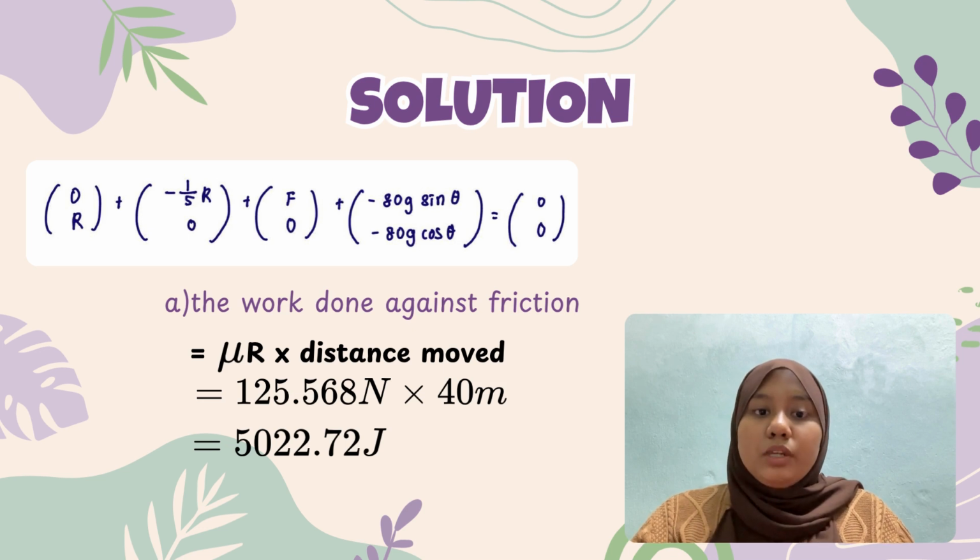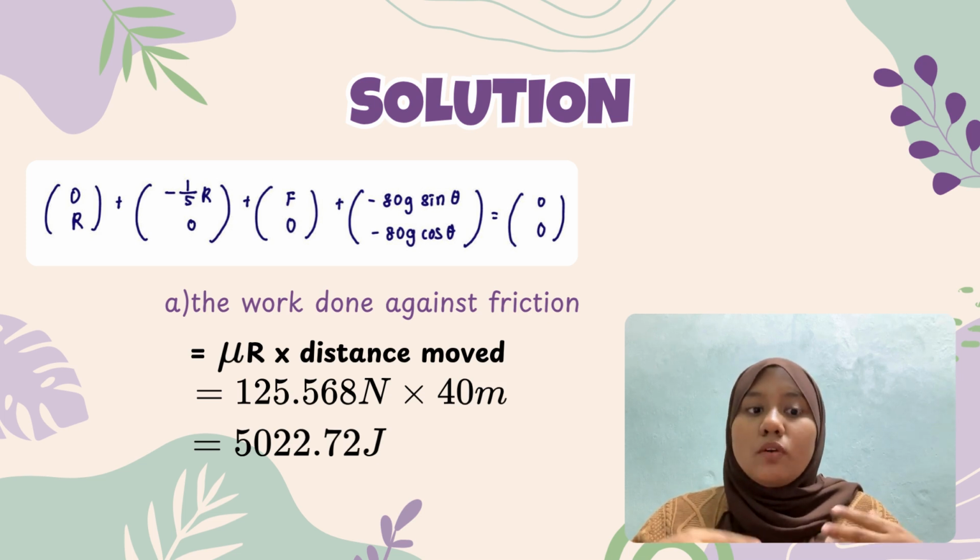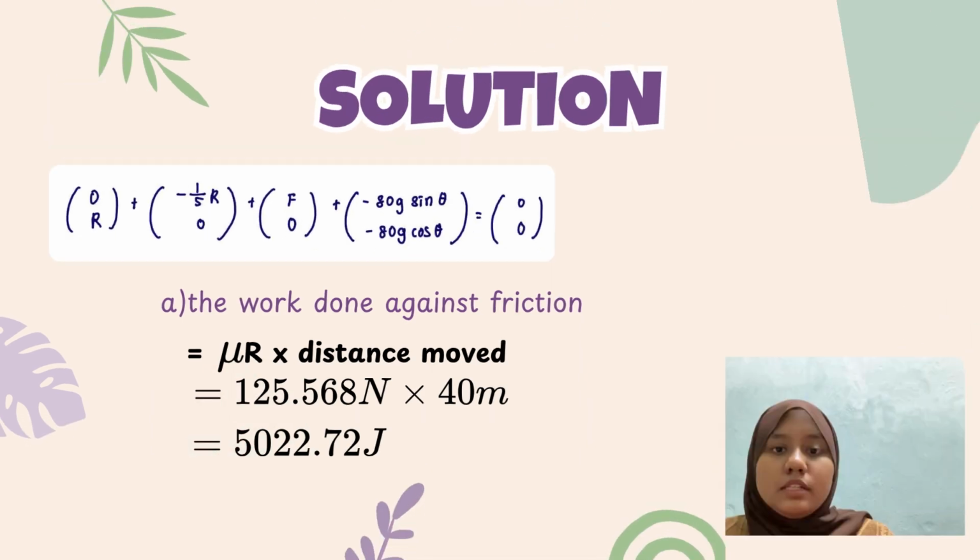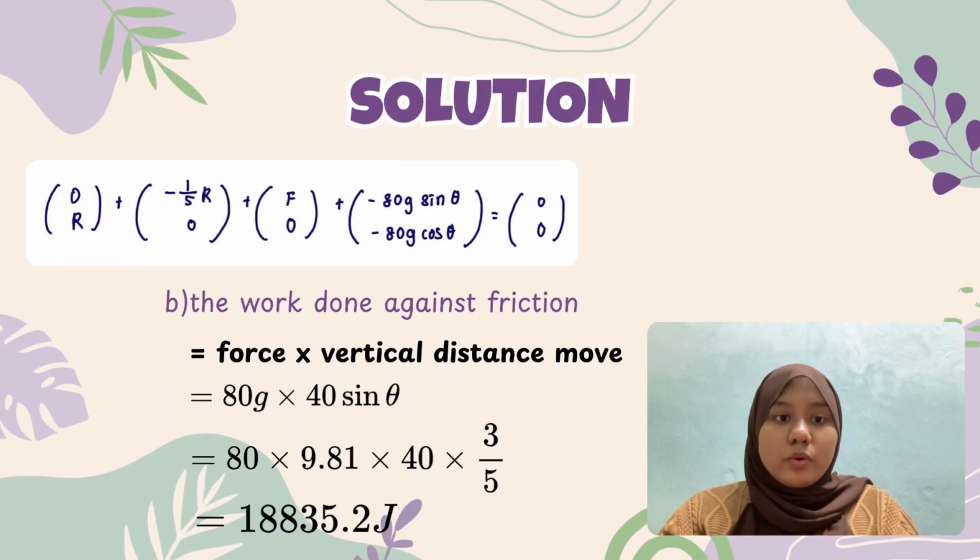So, we multiply 125.568 times 40 and we got the answer 5022.72 joule. This means the work done to overcome friction over 40 meters is 5022.72 joule.